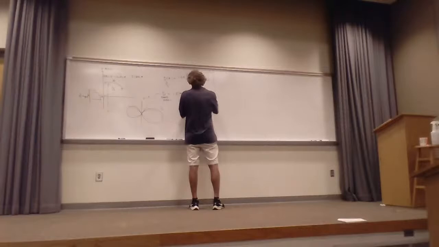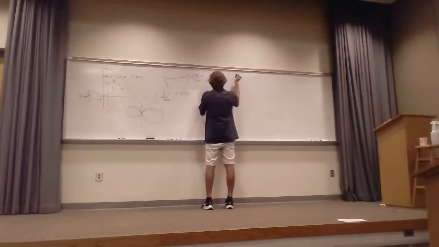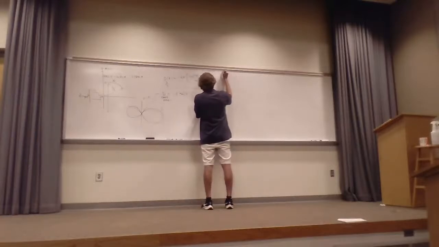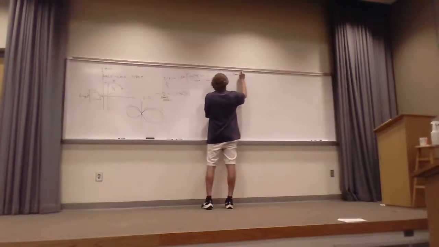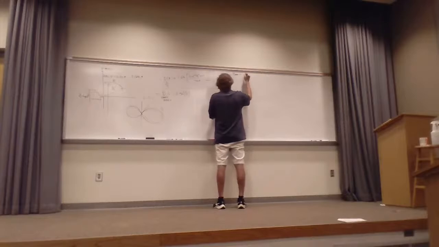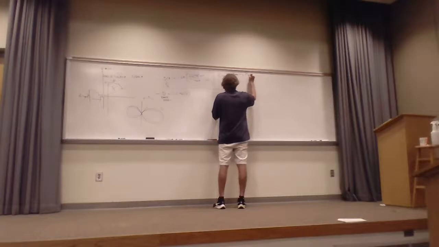When you talk about the input impedance and the radiation resistance, the input impedance is actually equal to the radiation resistance of the antenna plus j, the reactance of the antenna. And they usually put an A and T here.